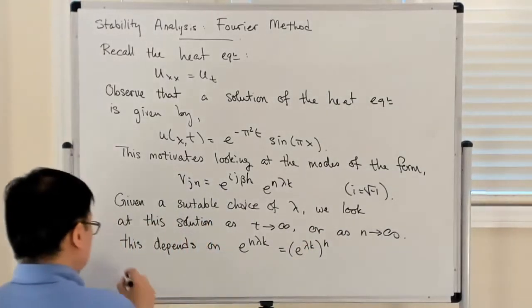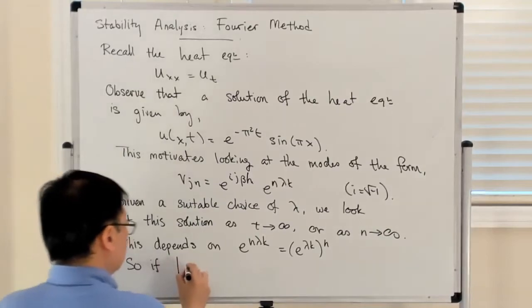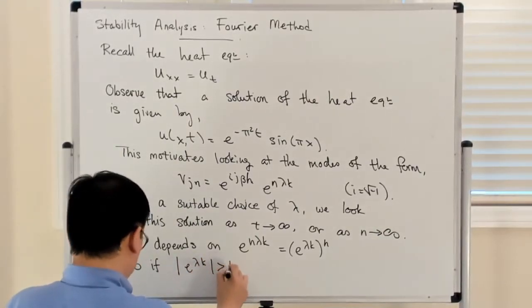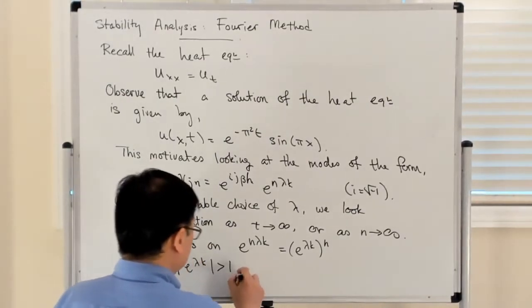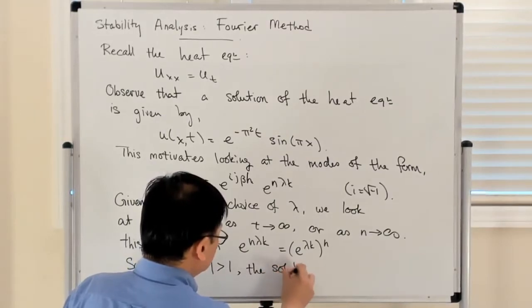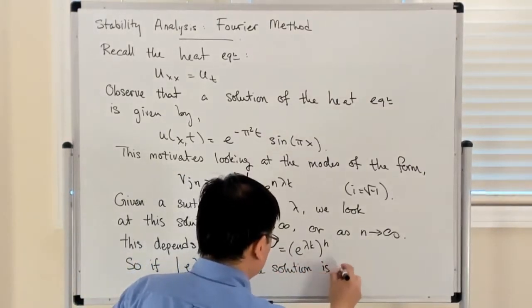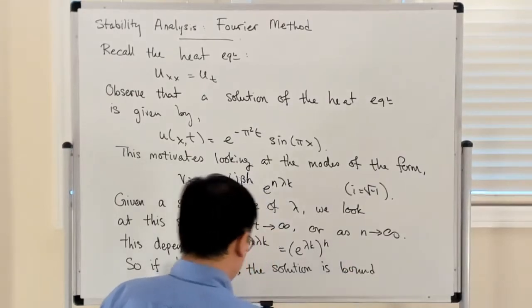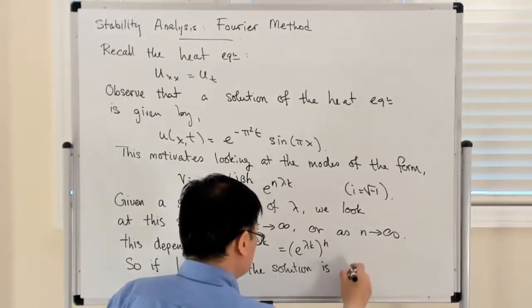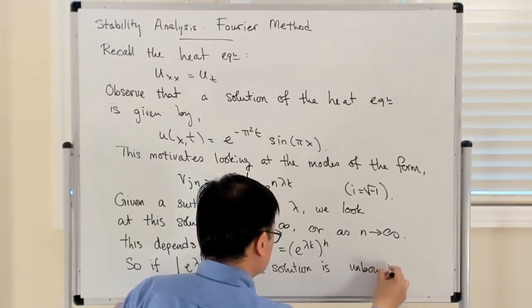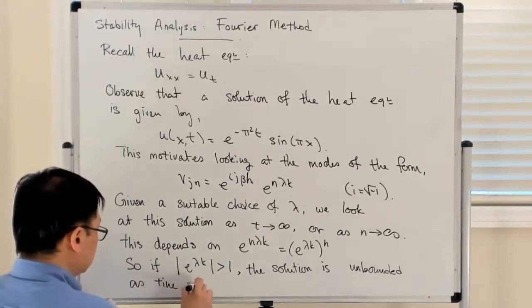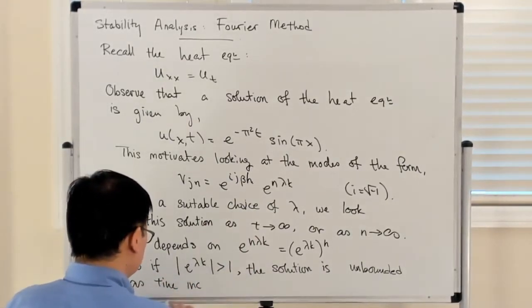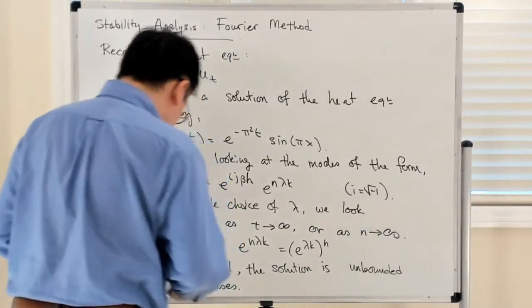So if the norm of e to the lambda k is greater than 1, then this solution will diverge, that is, it is unbounded as time increases. Okay, so that's the thing to keep in mind here.